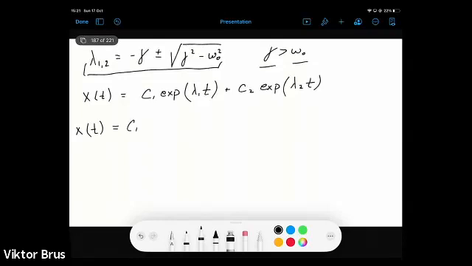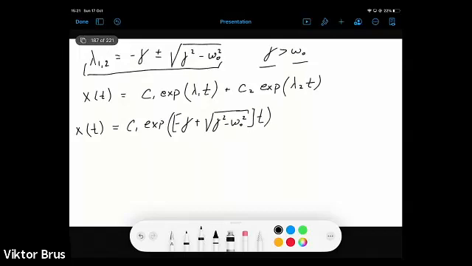It will be C1 times exponent, where lambda 1 is minus gamma plus the square root of gamma square minus omega naught square, times t.